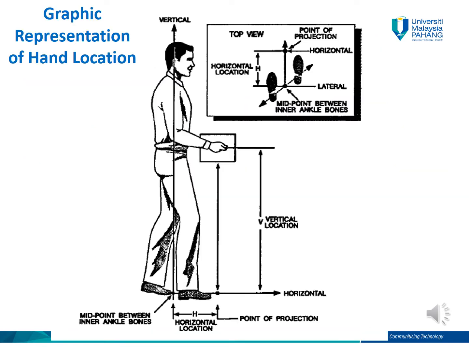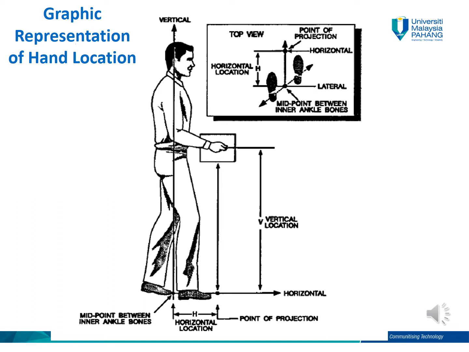This slide is showing the graphic representation of hand location. By looking at this picture, you can see the midpoint between the inner ankle bones, which becomes the starting point. The horizontal location is measured at the center of the box, whereby the placement of the lifter's hand while conducting the lifting activity.